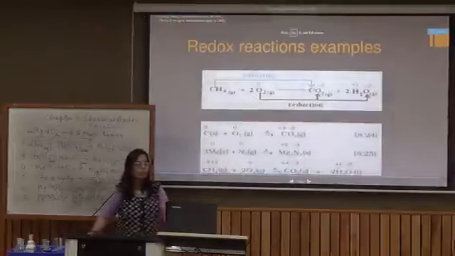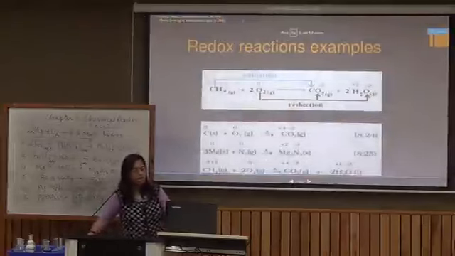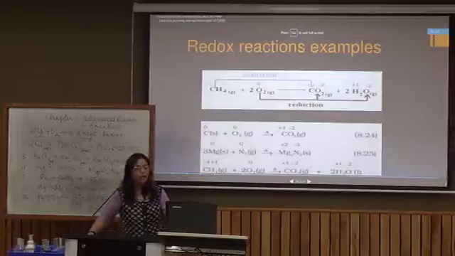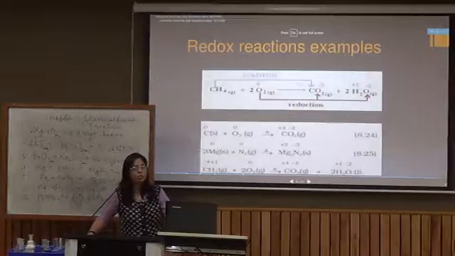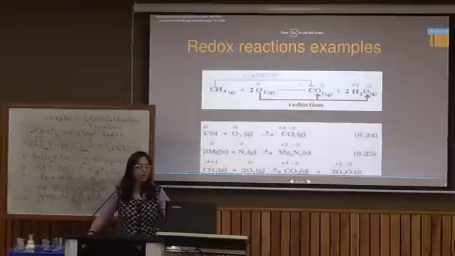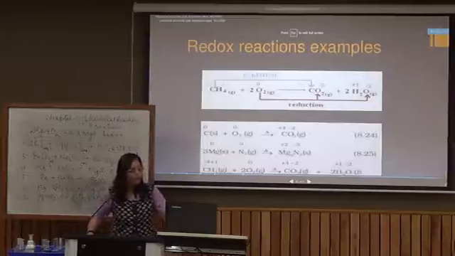Another example of a redox reaction. Here methane burns in air, producing carbon dioxide and water. So methane is losing hydrogen and gaining oxygen. It's oxidation. So oxidation of methane is happening, whereas oxygen is getting hydrogen to produce water. So hydrogen is added here, it's a reduction.